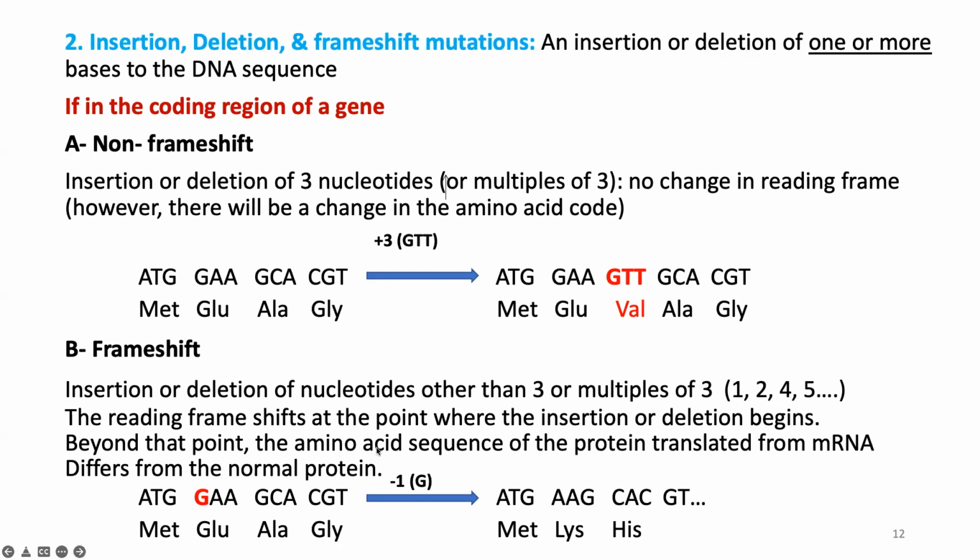That's why if it's 3 or a multiple of 3, there will be no issue. But if it is less or more than that, then everything will shift. So here we have GAA, for instance, glutamine. If the G is deleted, minus 1 base pair, as we can see here, ATG is still the same. But after that, it will be AAG and then CAC. As we can see, after the point of mutation or deletion, all the other amino acids have changed. So we will get a protein that is absolutely different from what we are expecting. That's why it might not be functional.